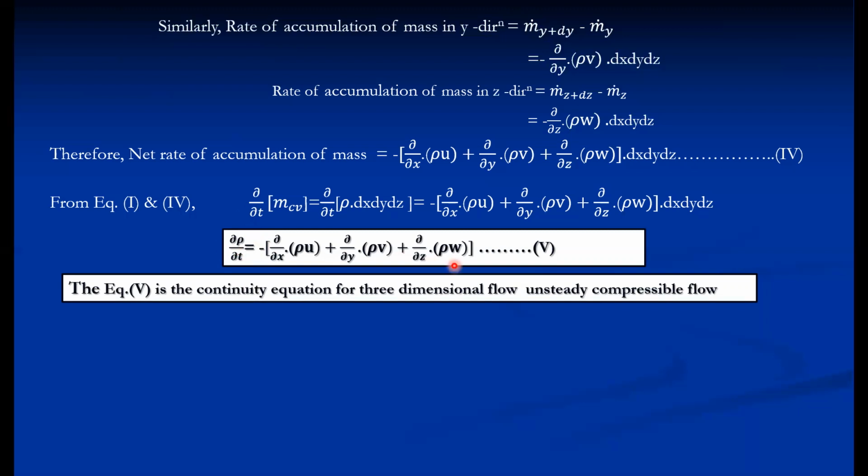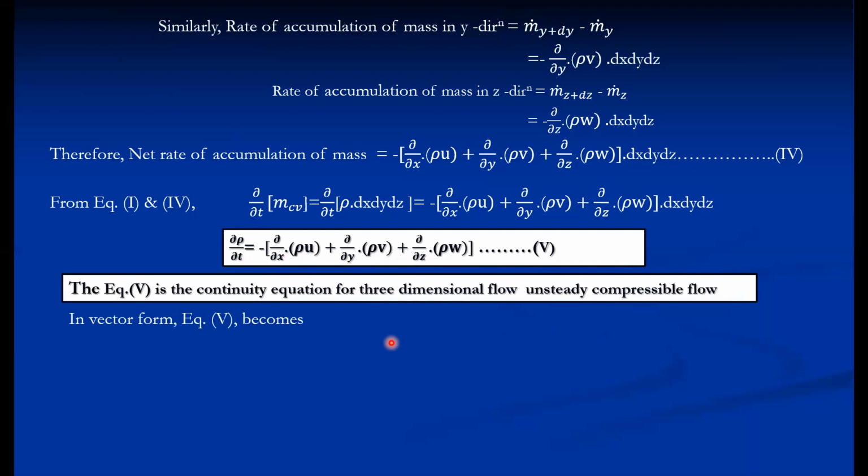So it is unsteady, compressible flow because density is considered a variable. So this equation is called the continuity equation for unsteady three-dimensional compressible flow, to be specific.